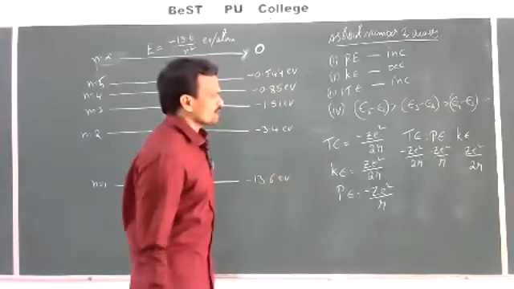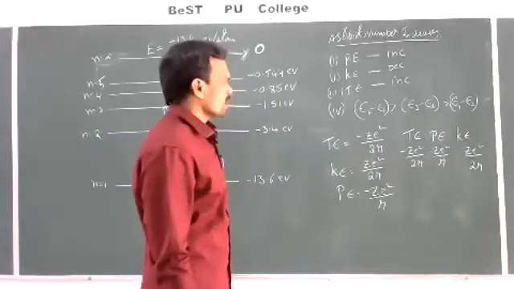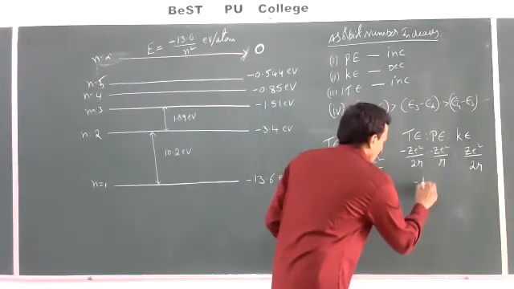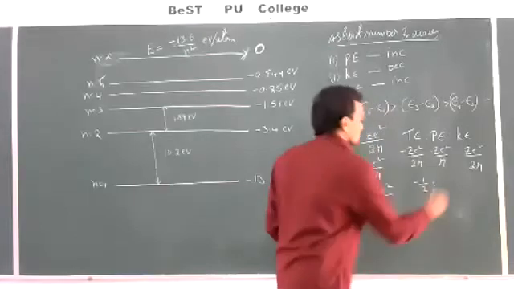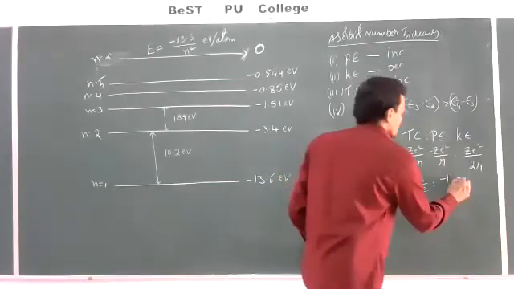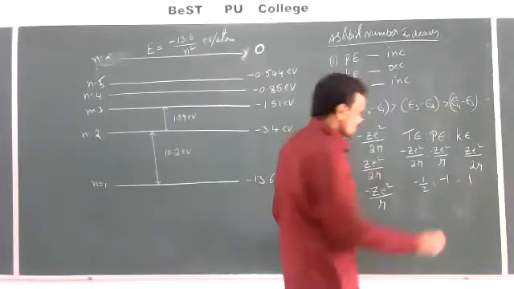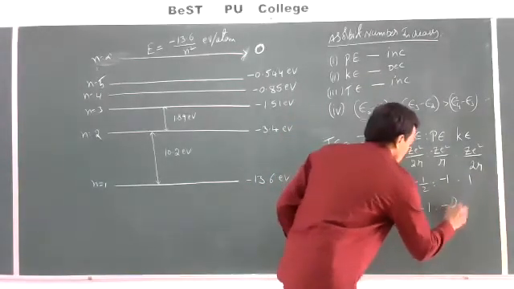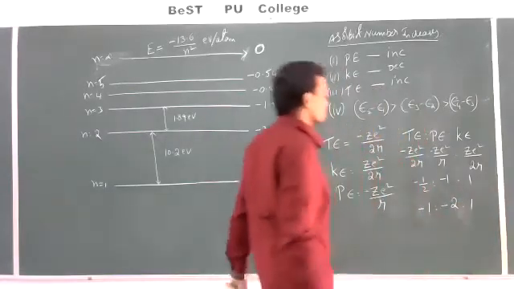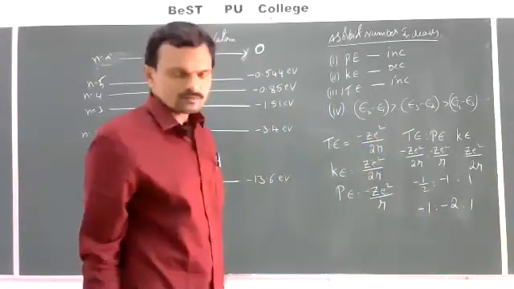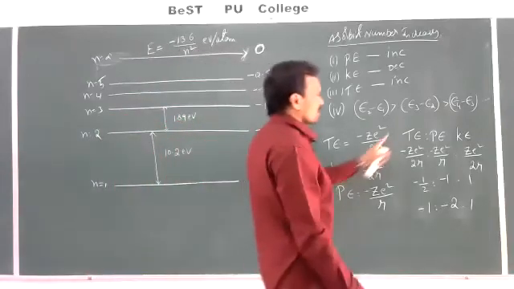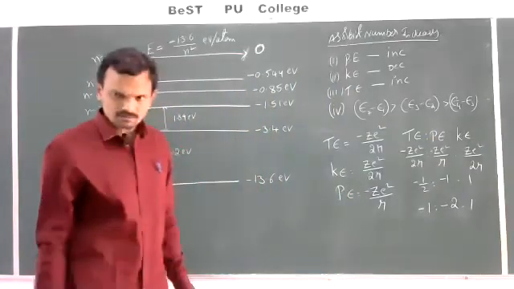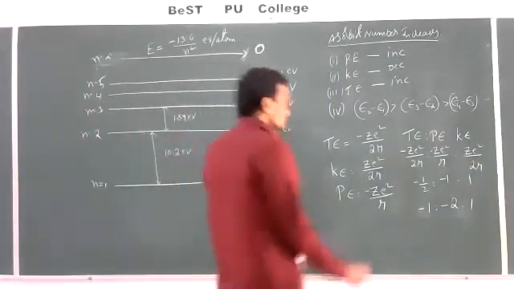Cancelling ZE square by R common, we get minus 1 by 2 to minus 1 to 1. Simplifying this ratio, it is minus 1 to minus 2 to 1. This is the ratio of total energy, potential energy and kinetic energy.